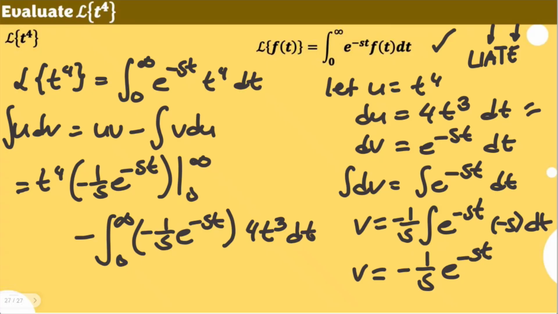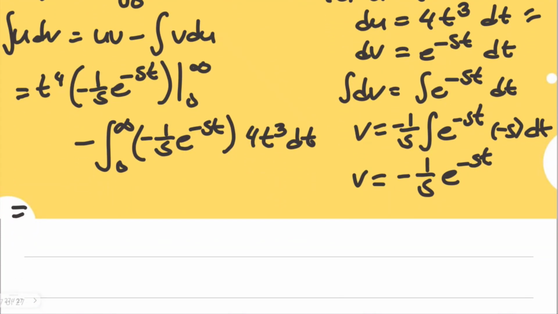Okay, let's do it step by step. What will happen for our first function here? If t approaches infinity, it's the t, not the s. You would know this is infinity, but for e to the power of negative infinity, the result is simply 0. As we apply 0, that would also be equivalent to minus 0.